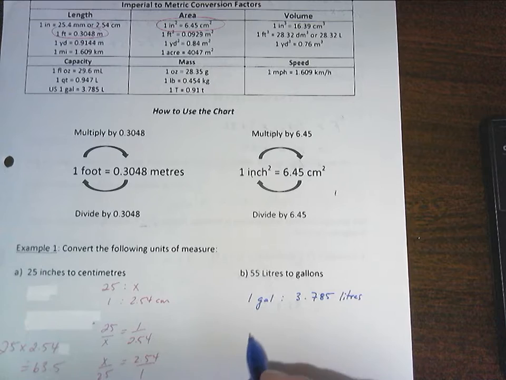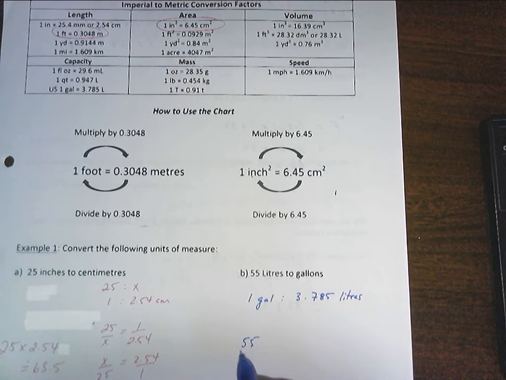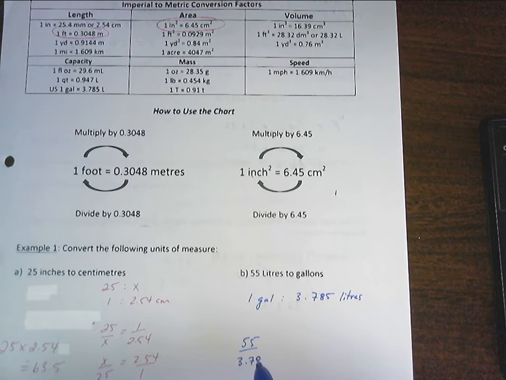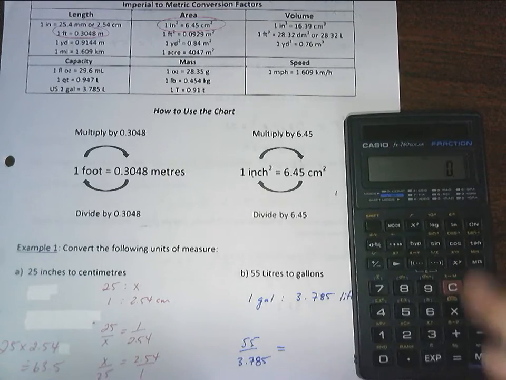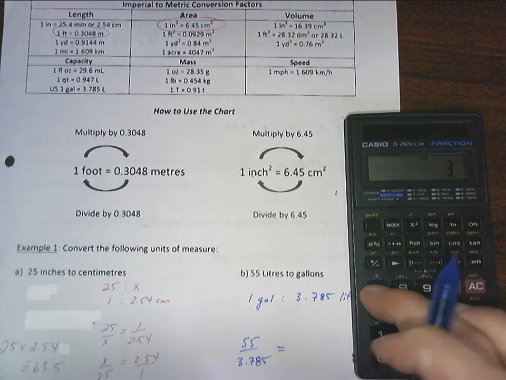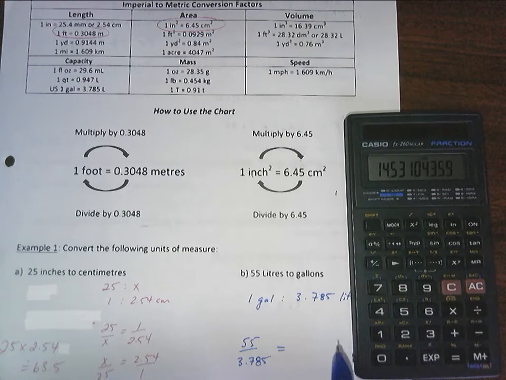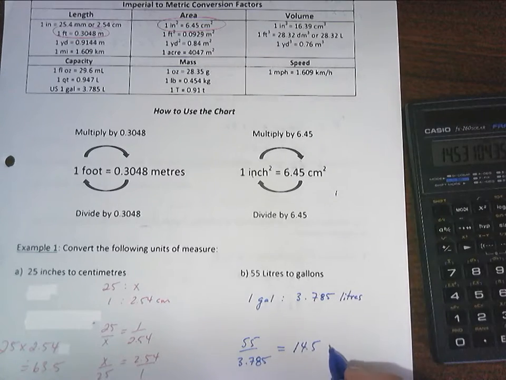And certainly that's the fast way to do this. So it's going to be 55 divided by 3.785. And that'll give me 14.5 gallons.